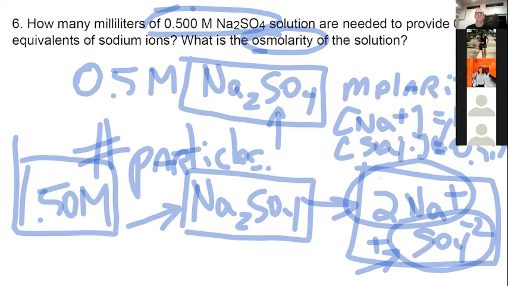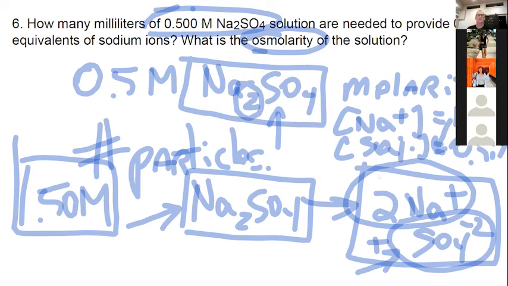Sorry, I just want to make sure. The reason why sodium is 1.0 molarity is because when you break the solution into the ionic, you break it up into the ions, there's 2 sodium for 1 sulfate.